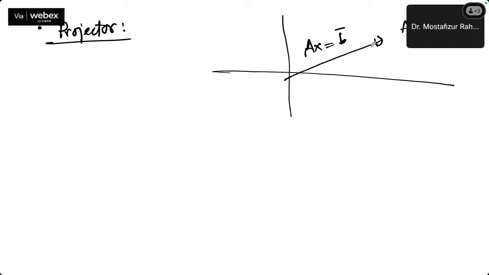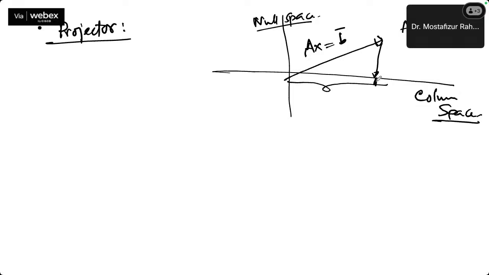To find the solution, we project onto, suppose this is my column space, and this is my null space. If you project this vector with some projector, I should get back the exact solution. And if I project it onto the null space, I will be left with the error. And this will be the solution.